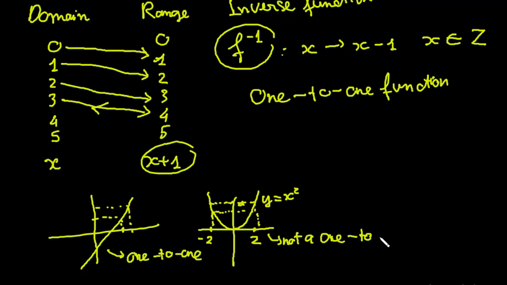In order to have the inverse function, we need a 1-to-1 function when we convert the image back to the domain. We cannot use something that has two possible values when it converts, so we use a 1-to-1 function.